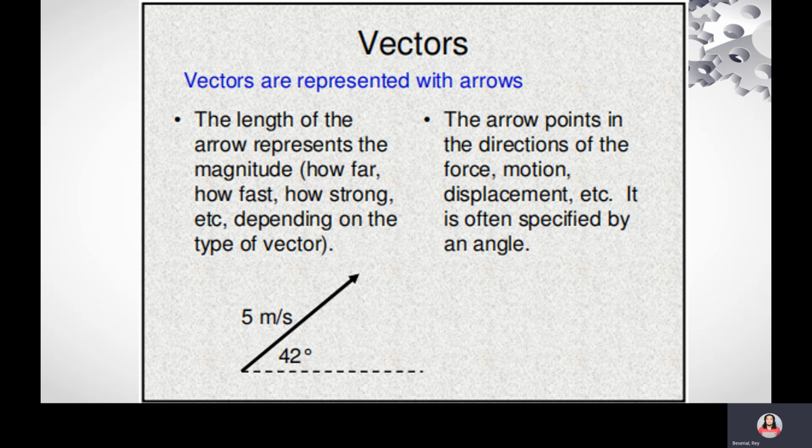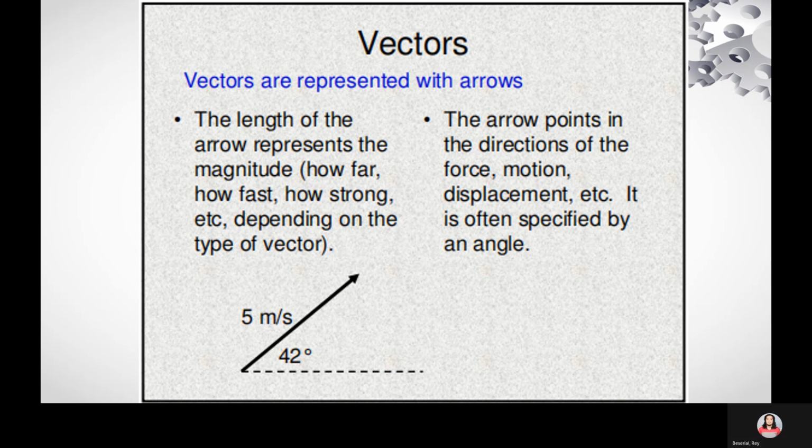The arrow points in the direction of force, motion, displacement, etc. It is often specified with an angle. So, example nito is ito. Here is our vector. Meron tayong magnitude and ang kanyang direction.